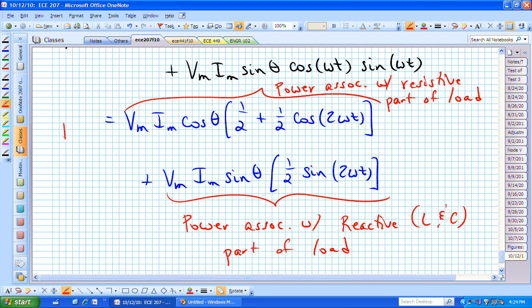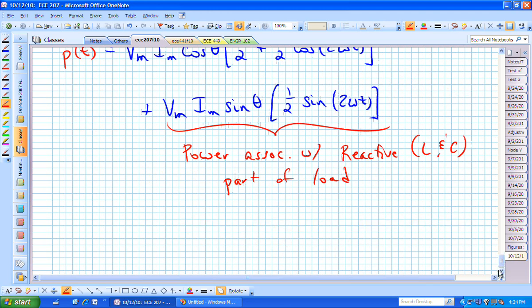This again is our instantaneous power of a general load. What happens if I compute the average of that?